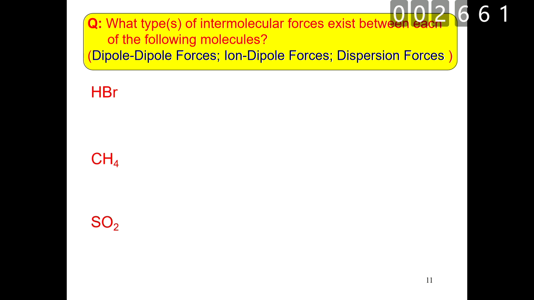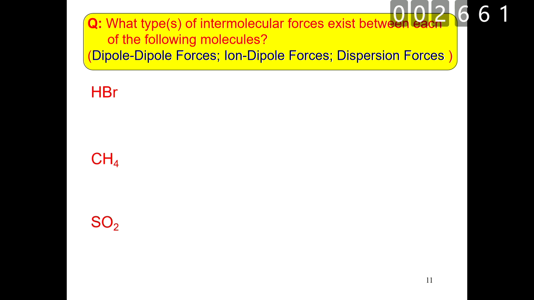The first one: dipole forces? Yes, because HBr is a polar molecule, which means hydrogen has some positive charge and bromine has some negative charge.